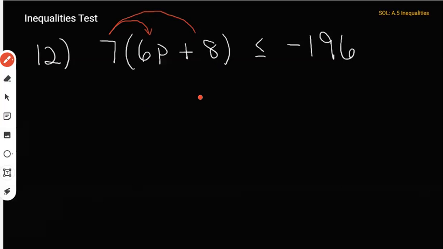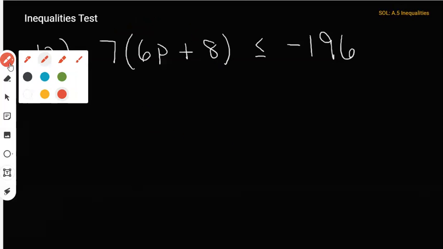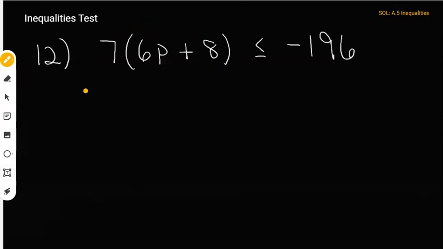Another way you can do this is you can divide both sides by 7, which is what I'm going to do. Because right now, everything on the inside is being multiplied by 7. But if I wanted to choose the opposite of multiplying, I would divide both sides by 7. But either way you do it, you're going to get the same answer if you do your math right.